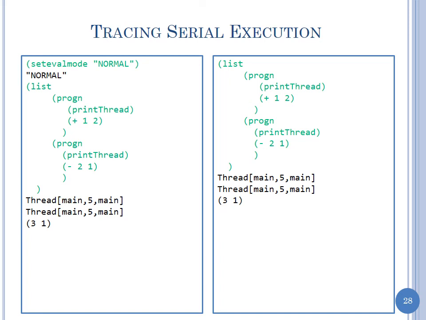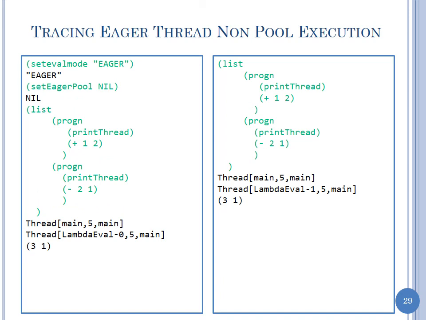And the printouts that we see here, do they convince you this is serial execution? Every one of those prints was executed by the main thread. We didn't create any threads. Okay, when you do eager pool nil but eager mode, what happens? One of those expressions here is done by main 5.